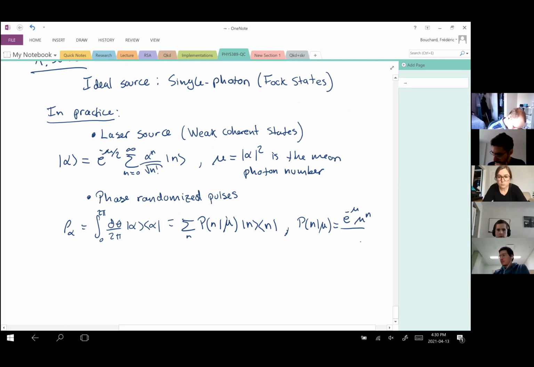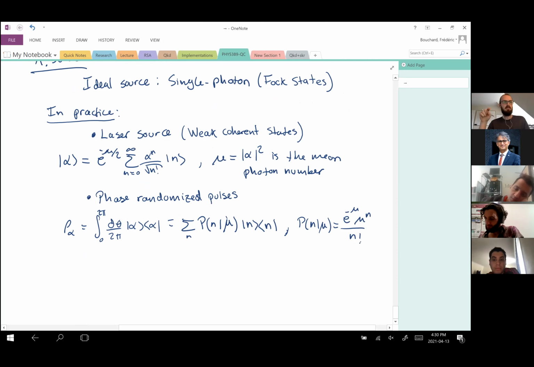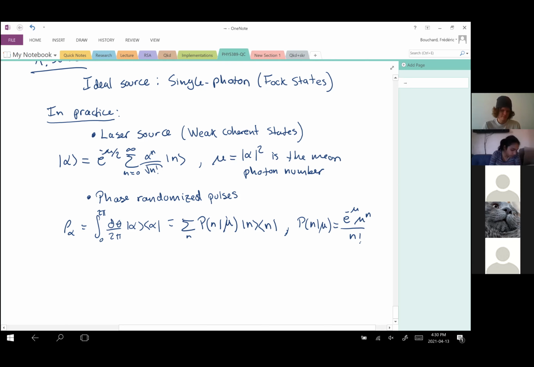And it turns out that it's actually better to have a phase randomized source, because with the relative phase from pulse to pulse, Eve can use that phase information to her advantage. So if you use a diode laser or something that has a low coherence time, you don't have a phase relation between pulses.